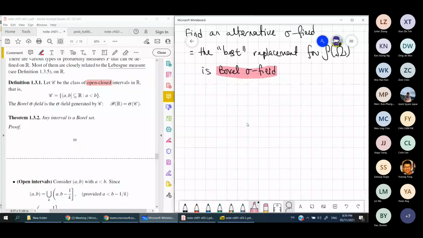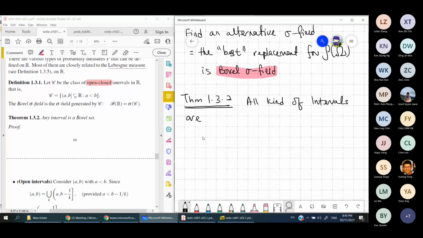So we can see first of all our definition here. The Borel sigma field is the one generated by these open-closed intervals. All kinds of intervals are Borel sets.